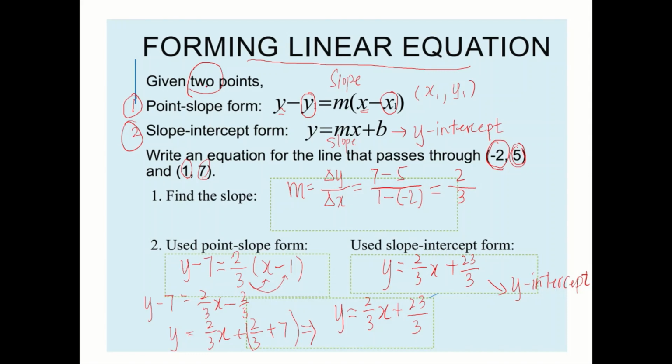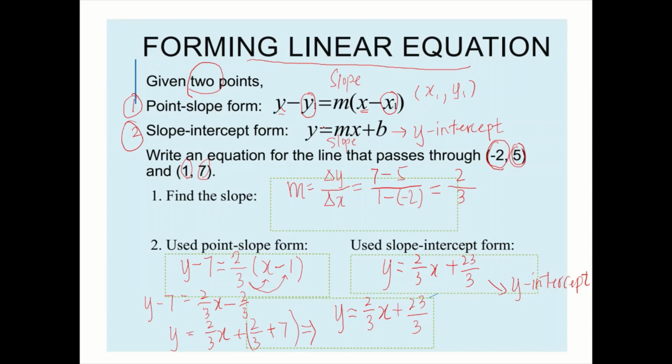This section is about forming a linear equation. When we are given 2 points, we can use these 2 points to form the linear equation. There are 2 forms of linear equation: the first one is the point slope form, and the second one is the slope intercept form.